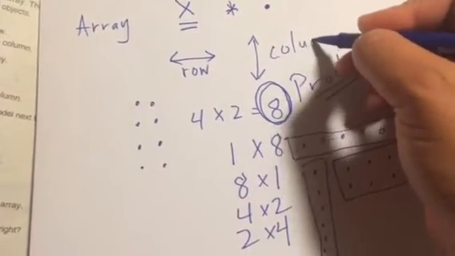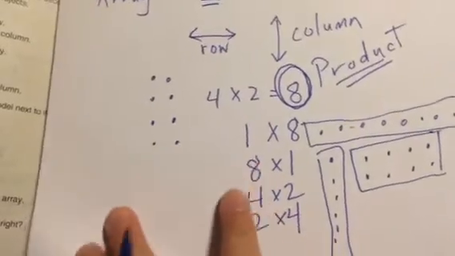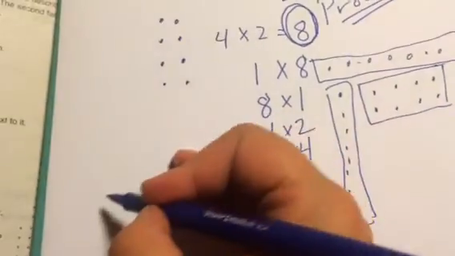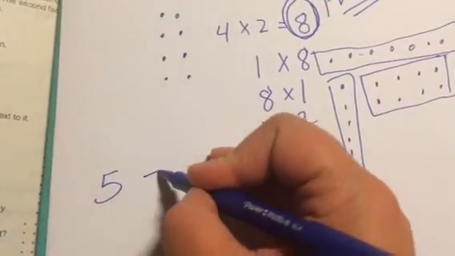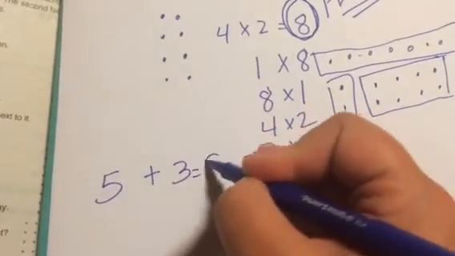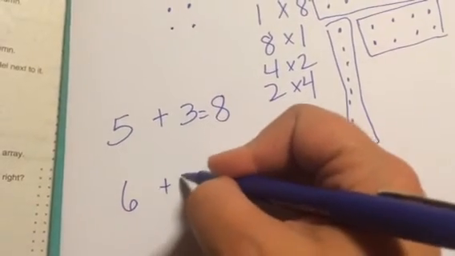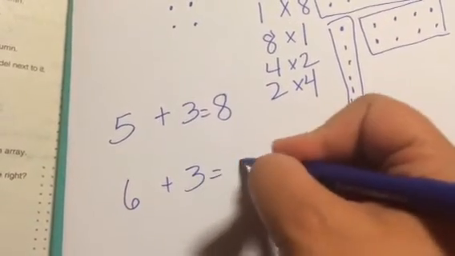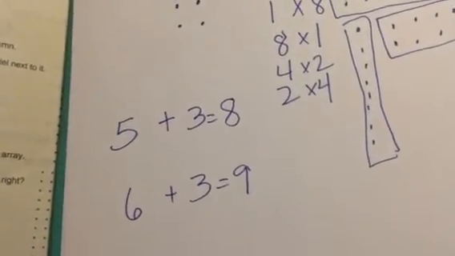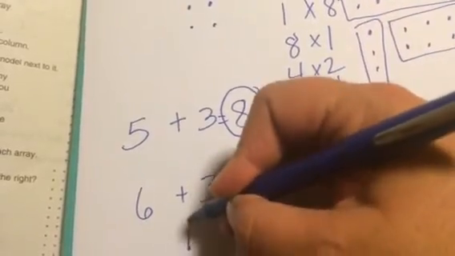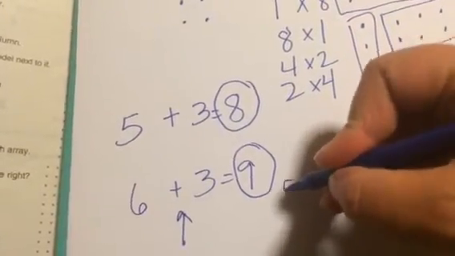I'll write columns here so we don't forget that. The other thing I want to briefly review for you is addition. So this was all about multiplication, and I also want to review a little bit with addition. When you have a problem like 5 plus 3 equals 8, or the problem 6 plus 3 equals 9, the fancy word for the answer of an addition problem, when we add the two numbers, is called the sum.